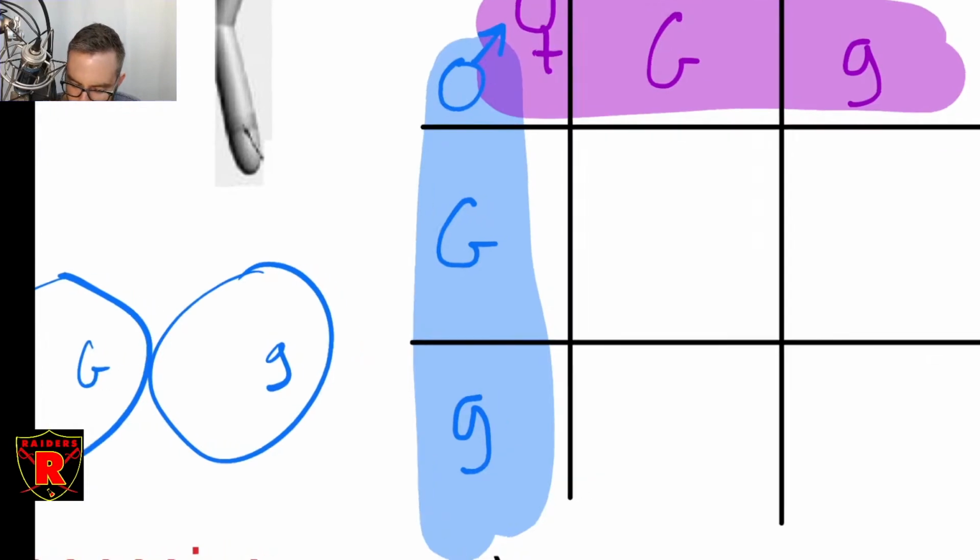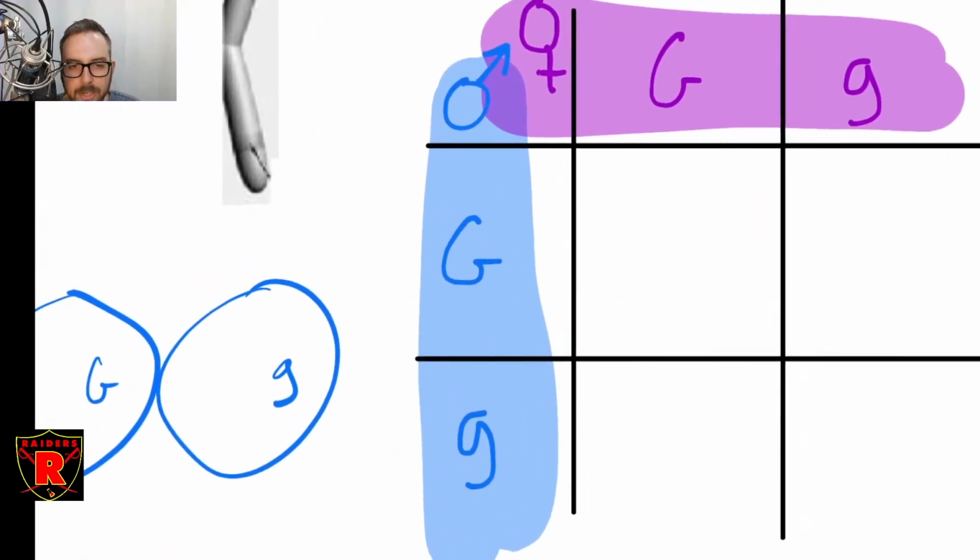All this Punnett Square is doing is summarizing how we can combine the female's alleles and the male's alleles together to make a baby. It's essentially looking at all the options that are available to a baby. So the male could give big G, or the male could give little g.